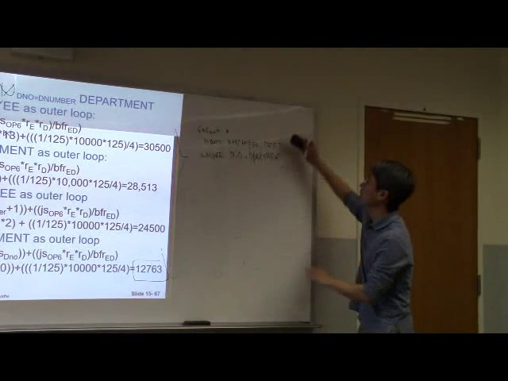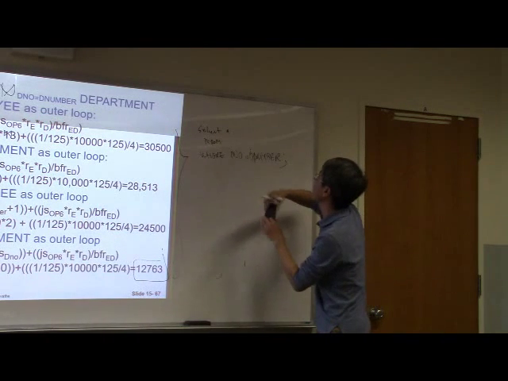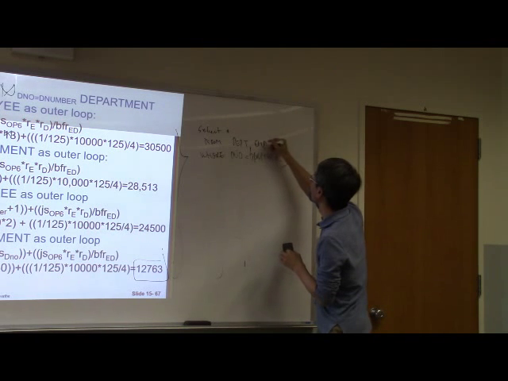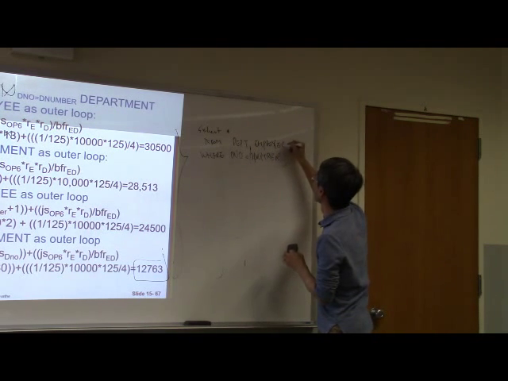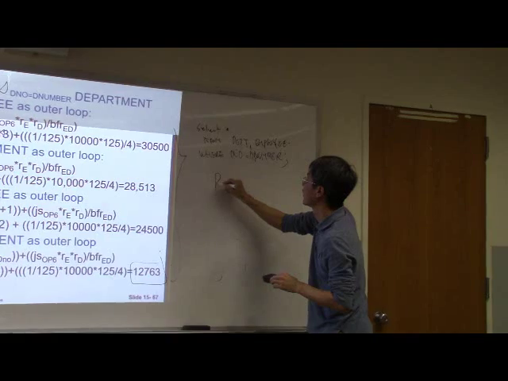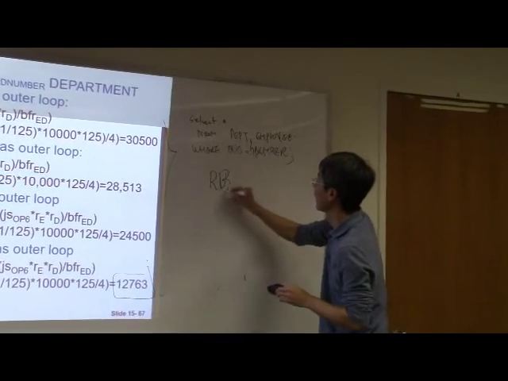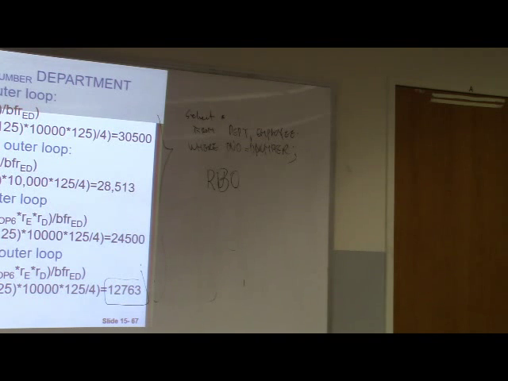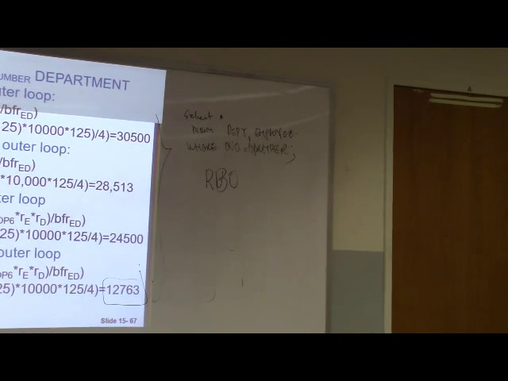One of the students submitted this query, and another student submitted this one. We are using a rule-based optimizer, not a cost-based optimizer. A rule-based optimizer means we are not going to calculate the cost.